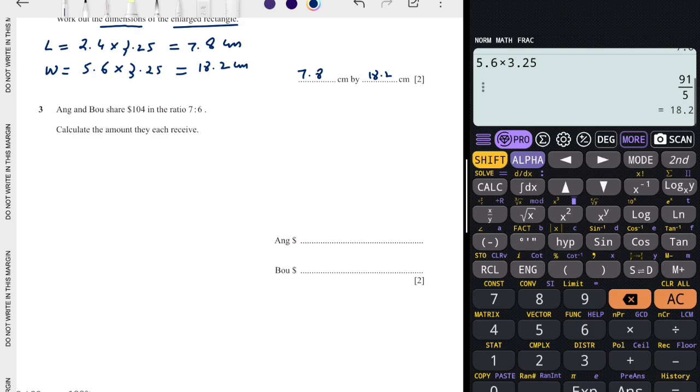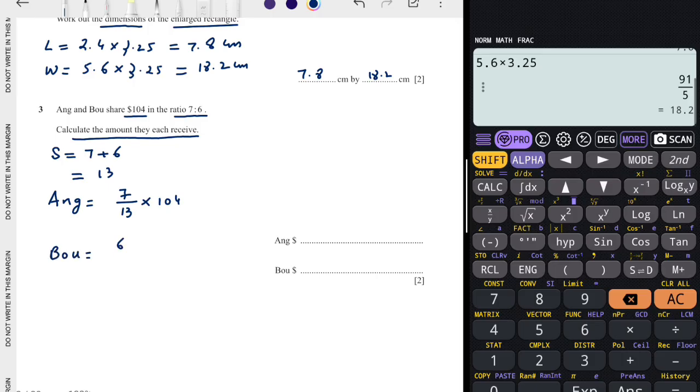Question number 3. Ang and Bo share $104 in the ratio 7:6. Calculate the amount they receive for their share. Now we know that sum of ratios is equal to 7 plus 6, that is equal to 13. So Ang's share would be equal to 7 over 13 multiplied by 104, and Bo's share will be equal to 6 upon 13 times 104.